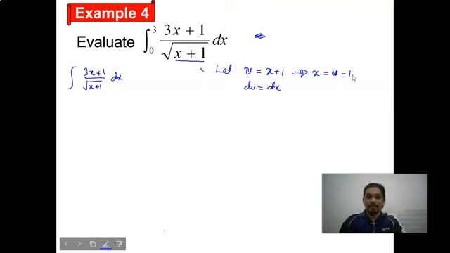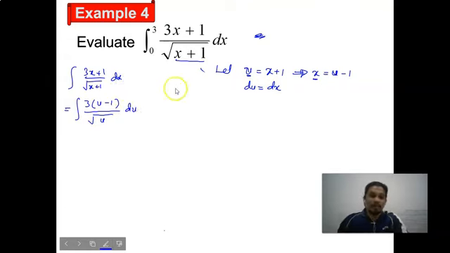So we substitute here 3 and x, where x equal to u minus 1. So u minus 1 divided by square root of x plus 1, where x plus 1 equal to u, and dx equal to du.